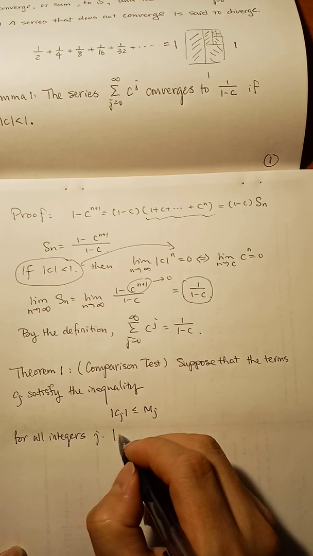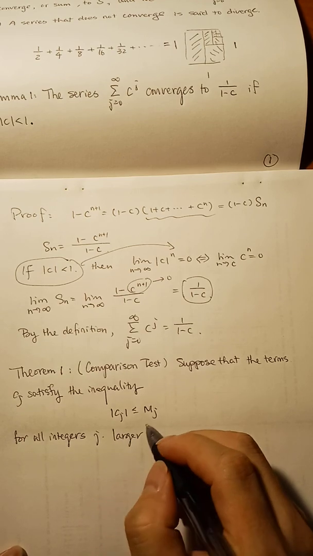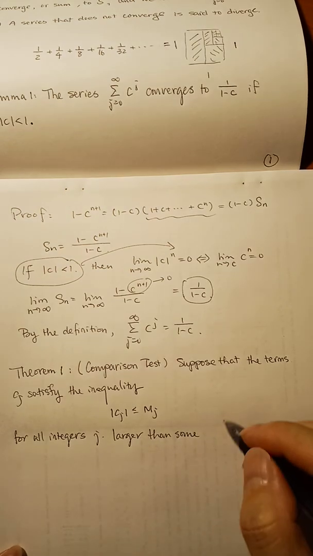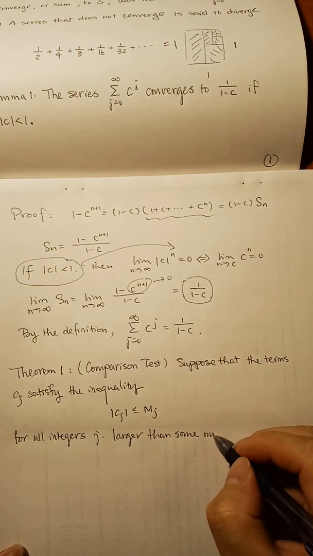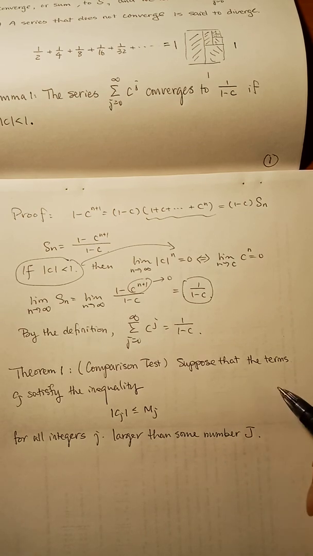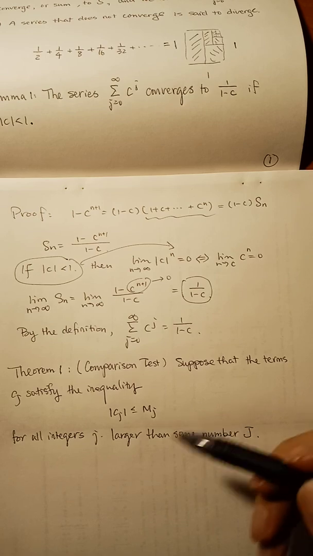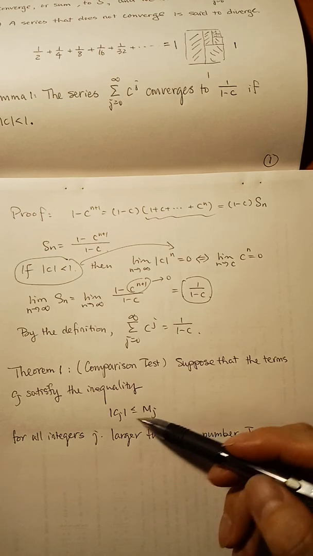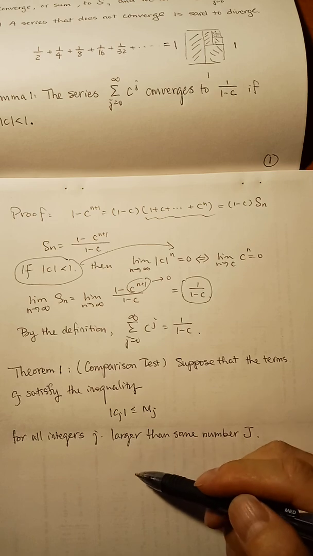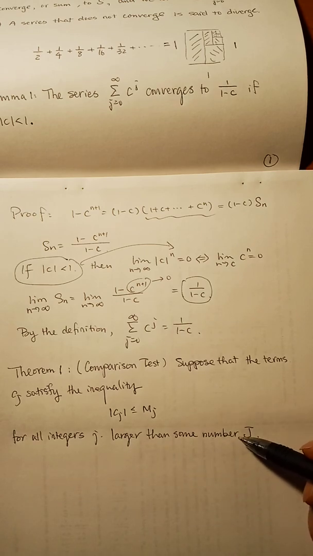So we say larger than some number capital J. So we can say that this inequality holds for integers except possibly finitely many.